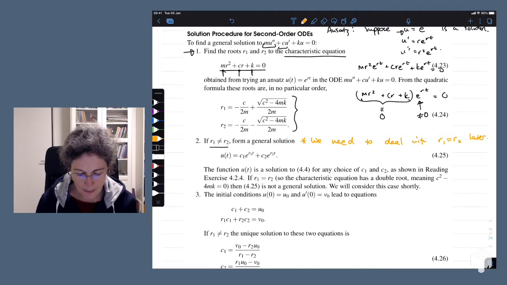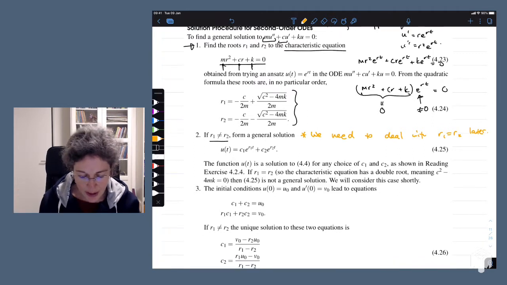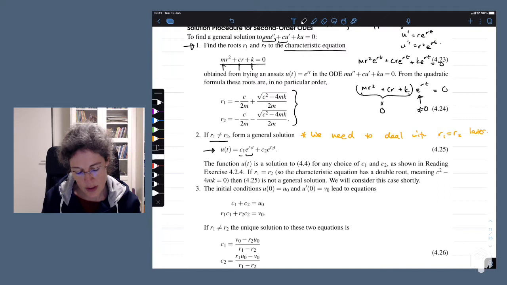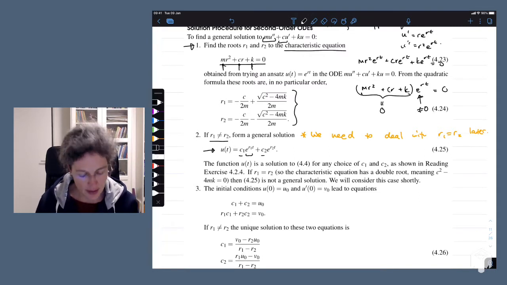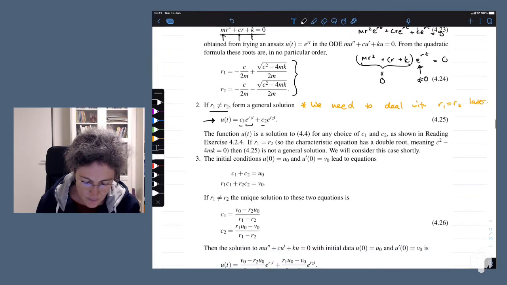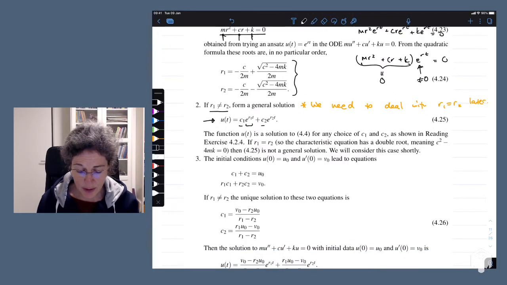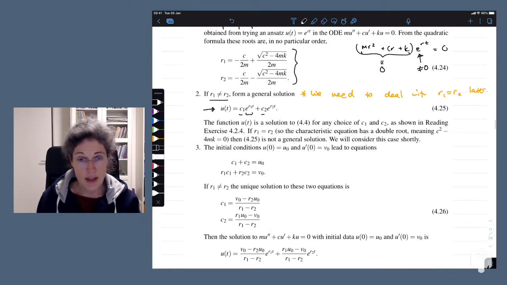Okay, so if they're not equal, then we just go straight ahead and we can form our general solution, which is c1 times e to the first root t plus c2 e to the second root t. And that's great. And then by what we said earlier, it's a solution for any choice of c1 and c2, which is delightful.